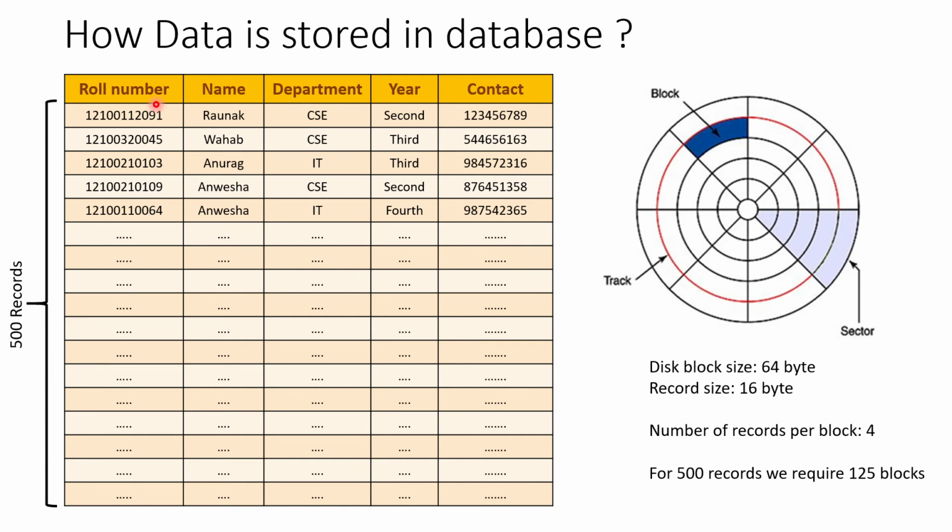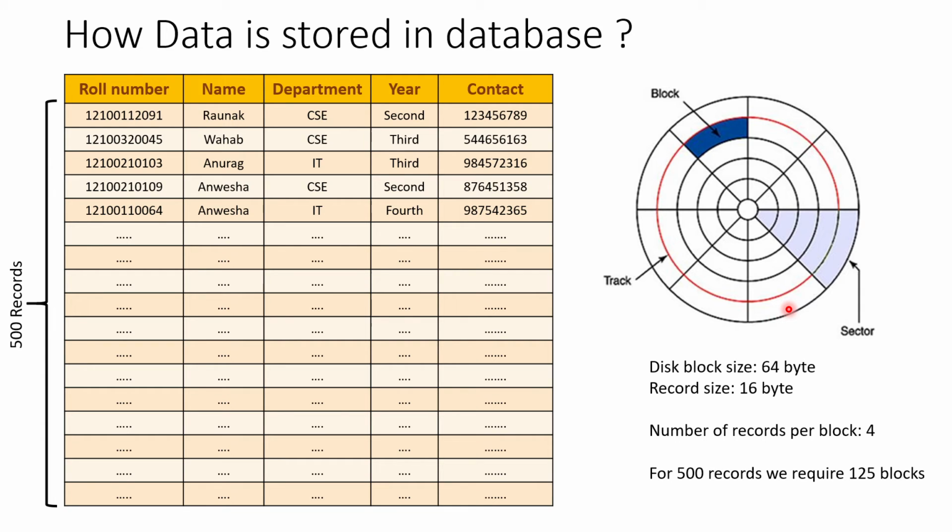You see that this particular image we have already seen in the previous slide. Suppose this is my hard disk and somewhere this table will get stored. Now the question is, to store this table on this hard drive, how many blocks do I require?